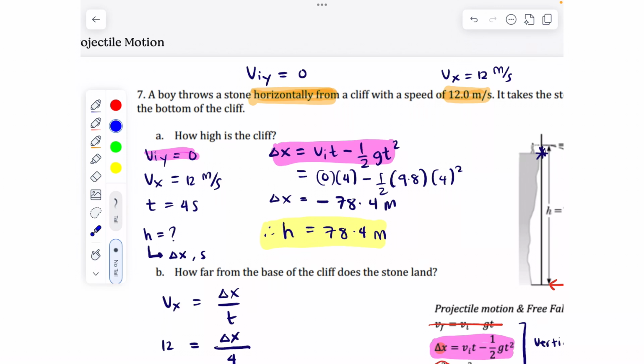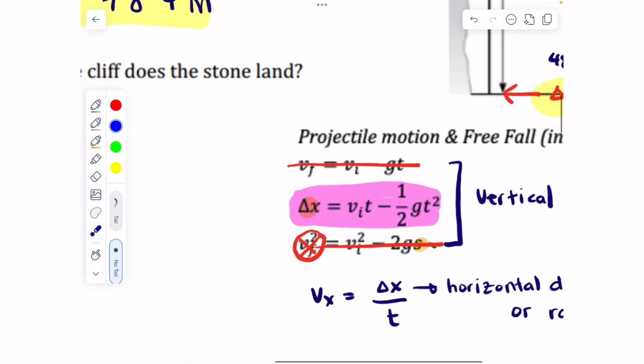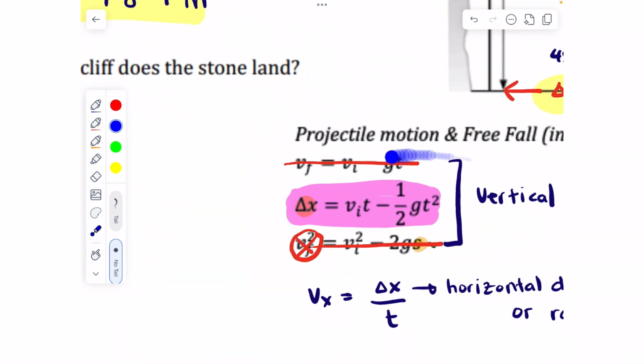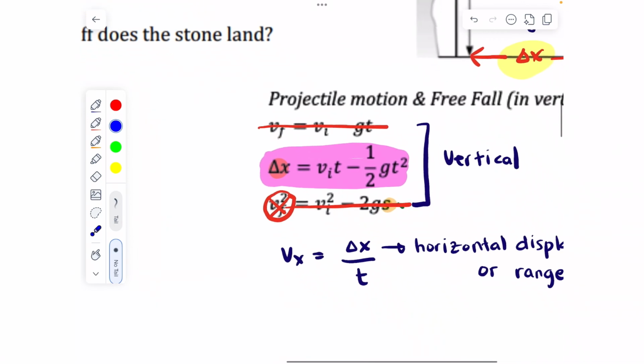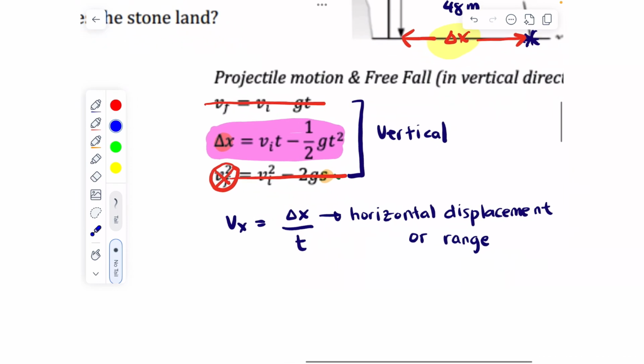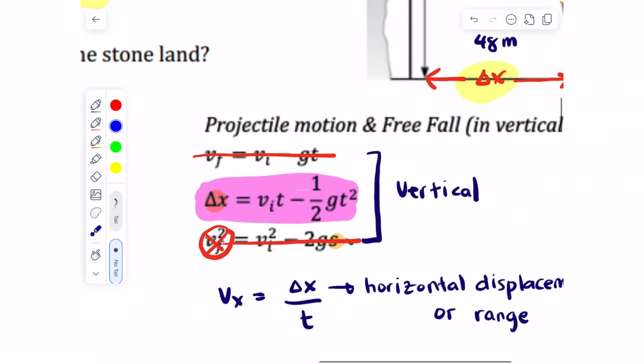It is also very important to note that the equations that you see here are related to the vertical component of the projectile's motion, and the only equation that pertains to the horizontal component is Vx is equal to delta x over t, where Vx is the horizontal velocity and delta x here is the horizontal displacement. On the other hand, the delta x in the other equations is the vertical displacement.